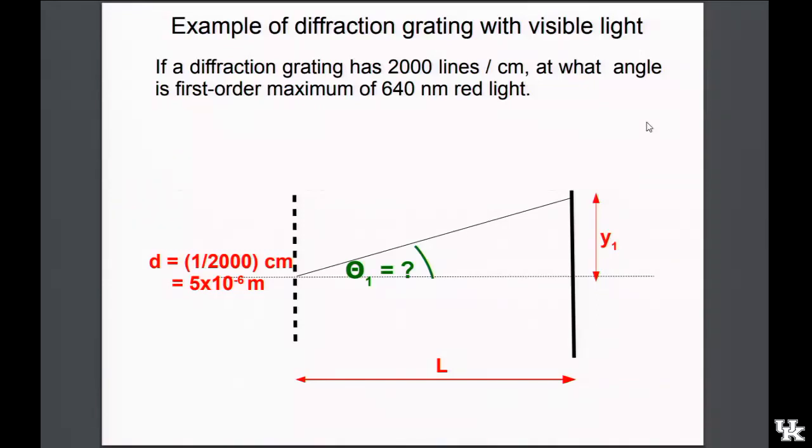So you can always calculate the slit separation by dividing the centimeter by the number of lines per centimeter. That's just a bit of technical language that they use for diffraction gratings. Anyway, we've got to take this information and find the locations of the first order maxima of the red light. So let's see if we can do that.